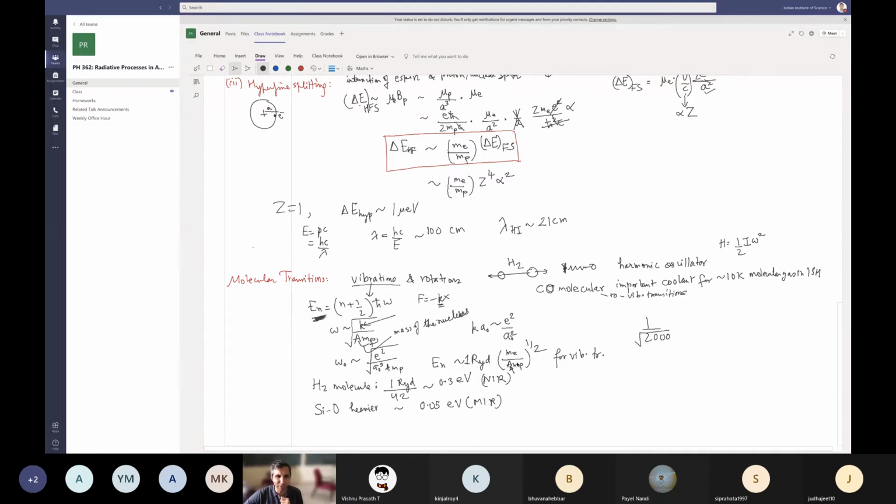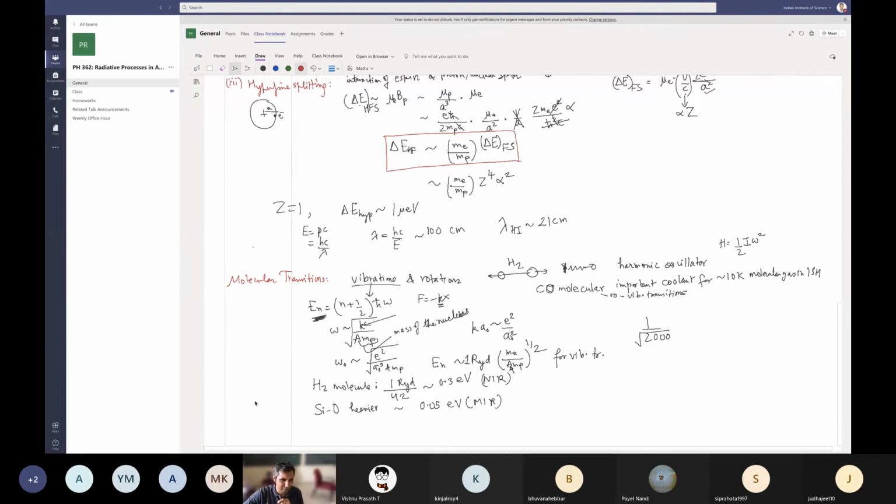So this is how one can get a sense of what sort of transitions and interactions fall in what sort of wave bands.